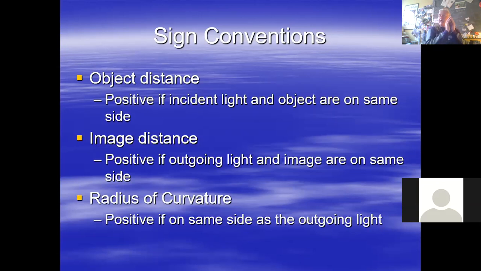So in the case of the lenses, the biconvex lens is a positive focal length, and the biconcave lens is a negative focal length. For the mirrors, the concave mirror, the one that caved in, was a positive focal length, and the convex is a negative focal length.